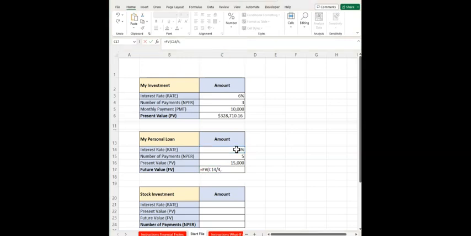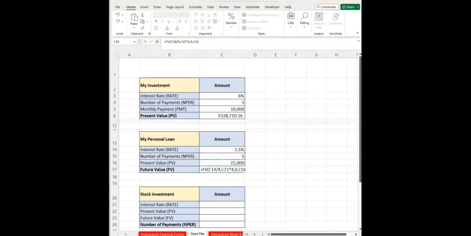The number of payments will also be multiplied by 4 as the interest rate is compounded quarterly. So I'm just going to hit times 4. The payment and the type of investment are also both going to be 0. And lastly, the present value is going to be in cell C16.